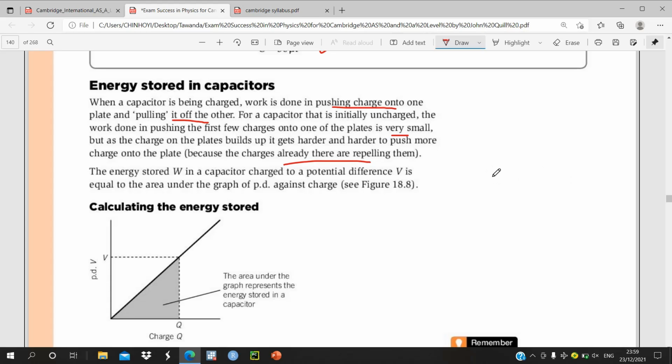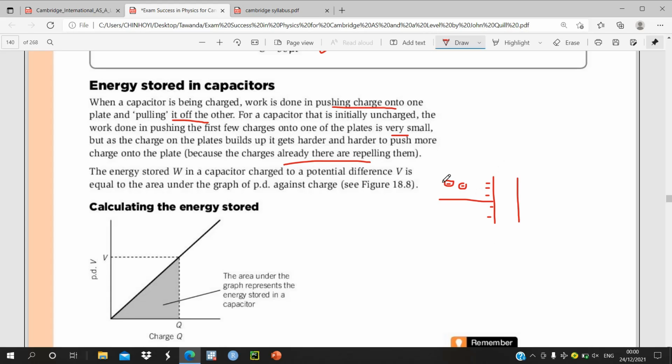If you have these two plates, and we are charging here, suppose this plate is negative, already we have a negatively charged plate, and if we are charging again, we will be trying to force more negative charges onto this plate.